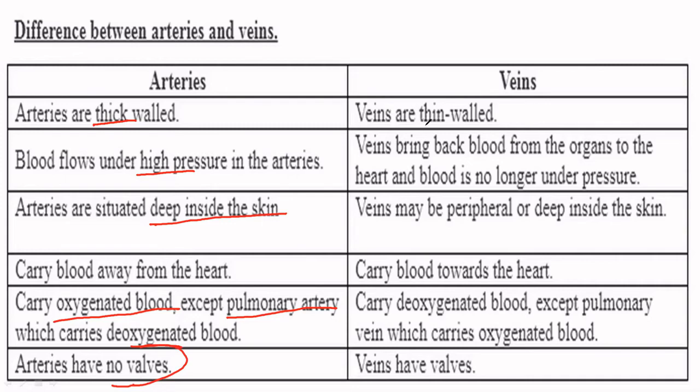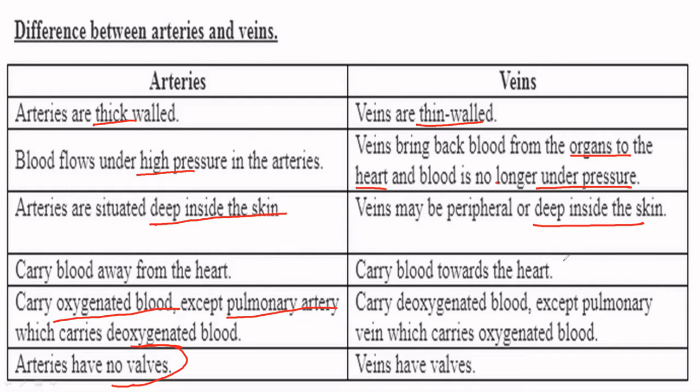Now, veins. Veins are comparatively thin walled. They bring back blood from different organs to the heart, and the blood flowing in the veins is under low pressure as compared to the arteries. Veins are situated deep inside our skin and they carry blood towards the heart.